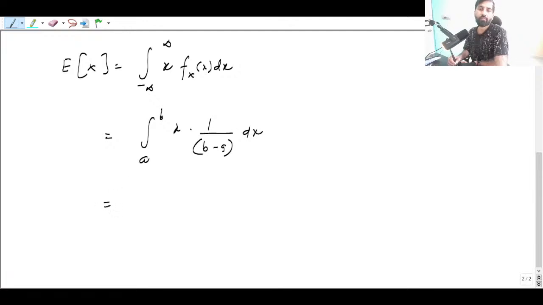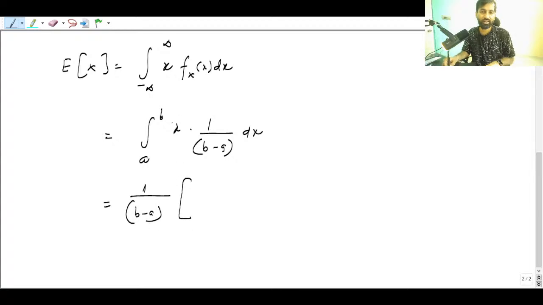At the end of the day you get a formula in terms of a and b, so you have to remember the result so that in the exam you don't have to compute this integral, otherwise it might waste your time. I know you know how to solve integration, but still, remember the result.